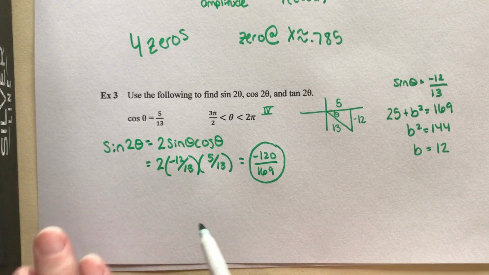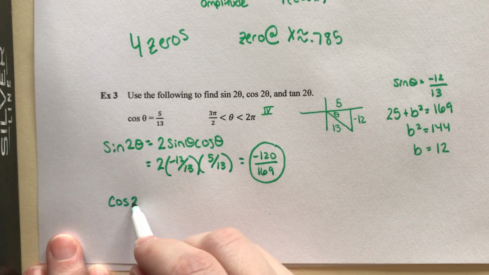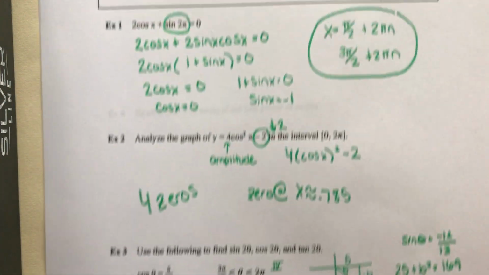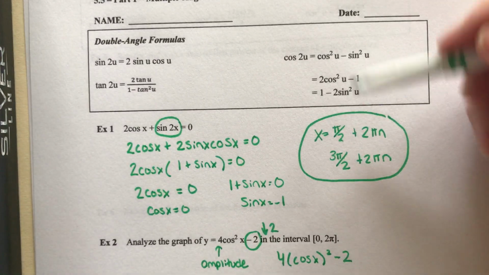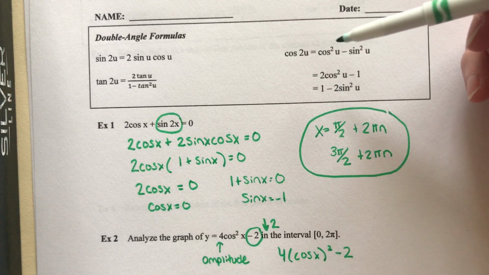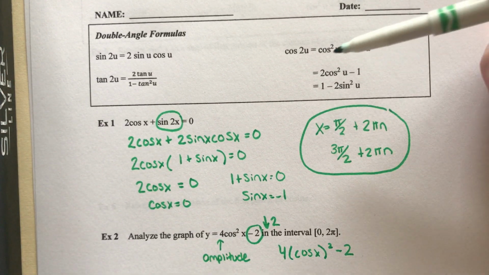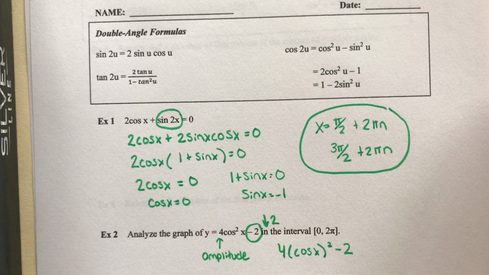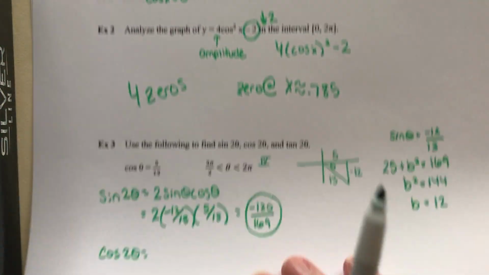Okay, let's go to cosine of 2 theta. So my formula for cosine, and there's 3 of them. So if you look up at the top, there's 3. I can pick any one of these to use, whatever one you think is easiest. You have cosine squared minus sine squared, 2 cosine squared minus 1, 1 minus 2 sine squared. You can use whatever one. So I'm going to pick the second one. I'm going to use the 2 cosine squared minus 1.